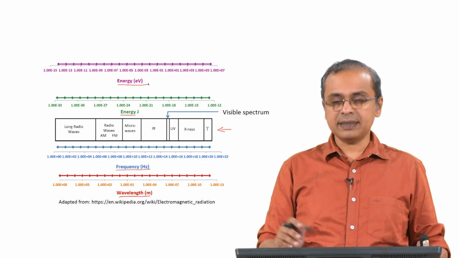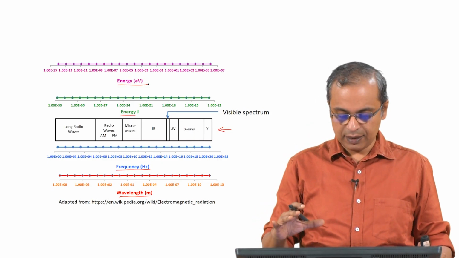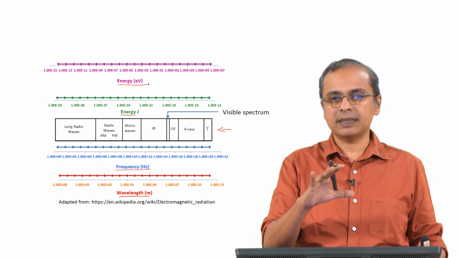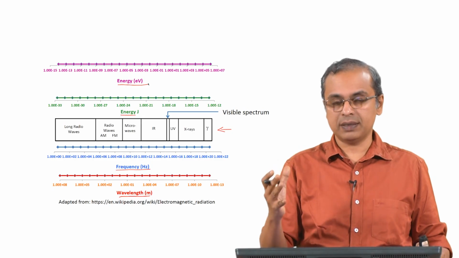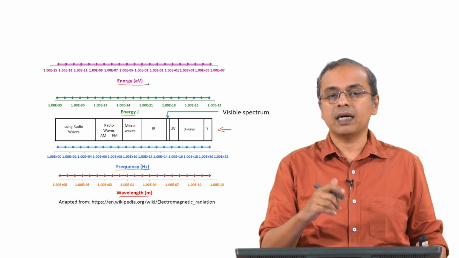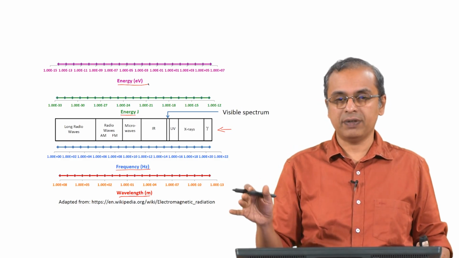It is of interest actually to step back and understand the fact that electromagnetic radiation has given us a lot of insight about many things around us, not just on the planet, not just in our sun, but basically in stars millions of light years away. Okay.